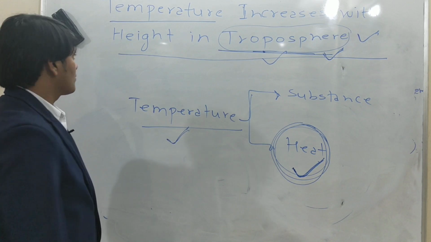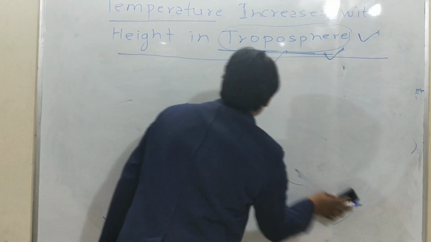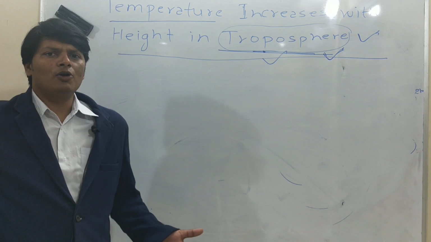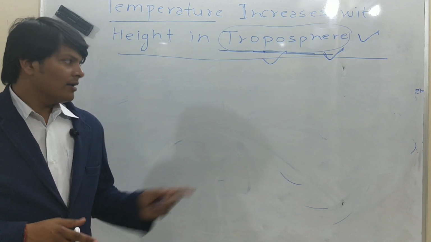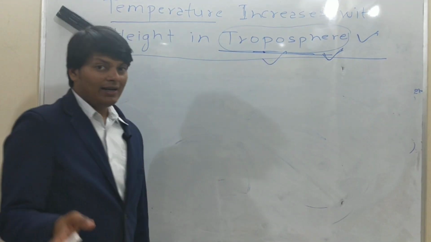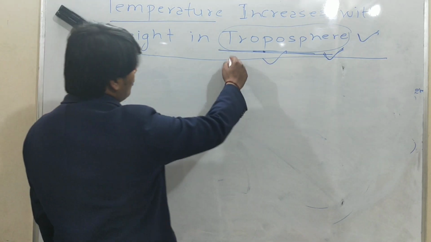If there is temperature increasing or decreasing, that belongs to a substance or matter, and the heat is related to the temperature. If heat increases, temperature increases. So again we are going to talk about this.